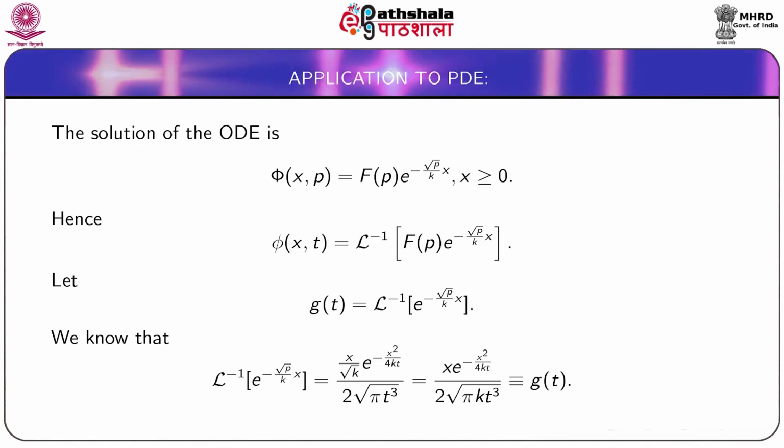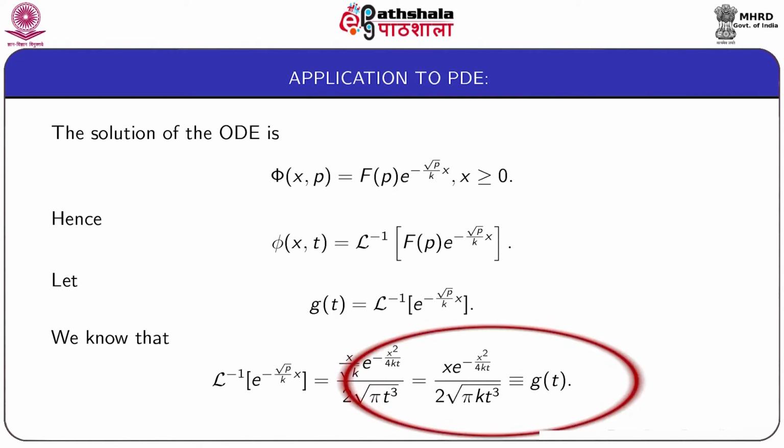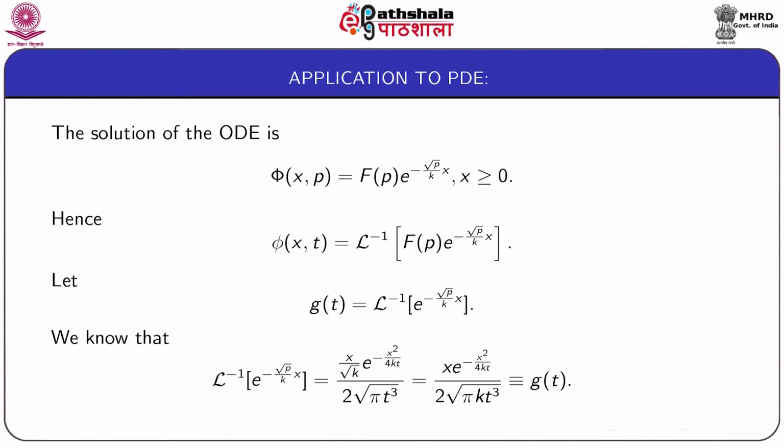And this is equal to x e^(-x²/4kt) divided by 2√(πk t³), and that gives the function g(t).